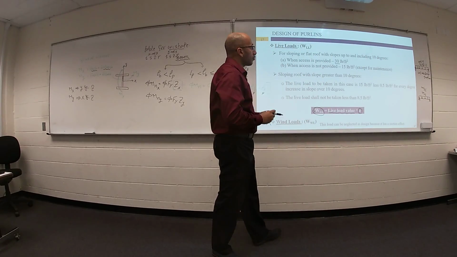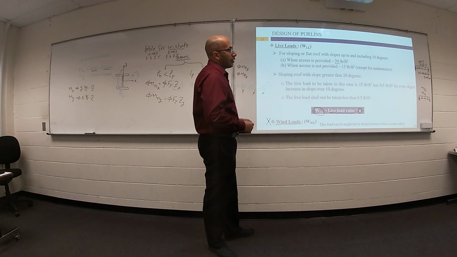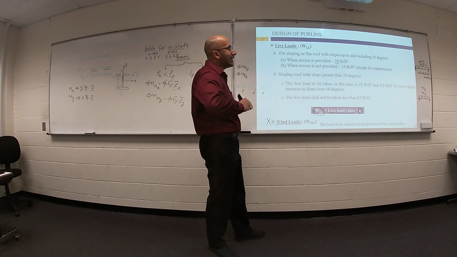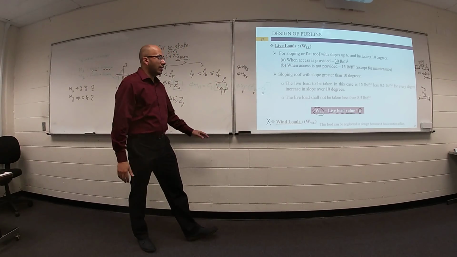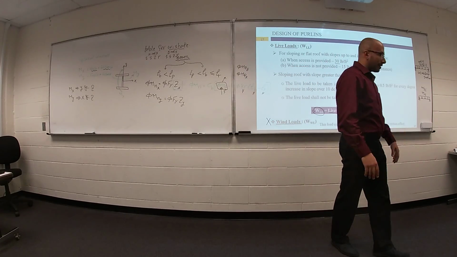However, wind load is not on the building all the time. So the worst case is to neglect wind load, because wind load will relieve the load on the purlin. So this load can be neglected in design because it has a suction effect.